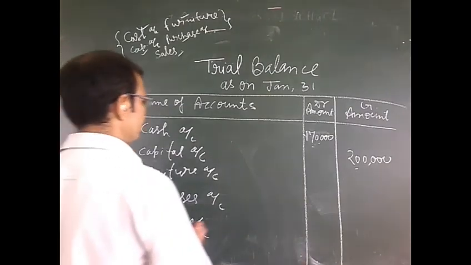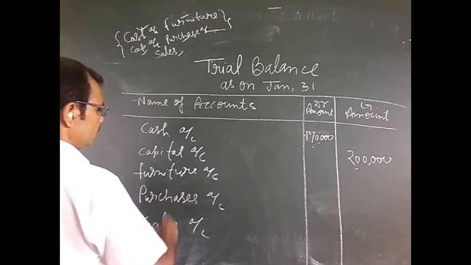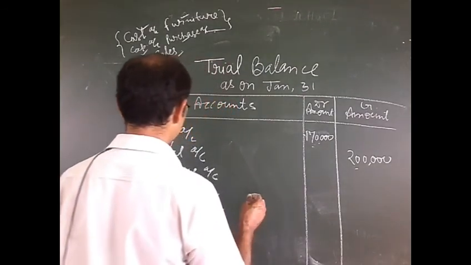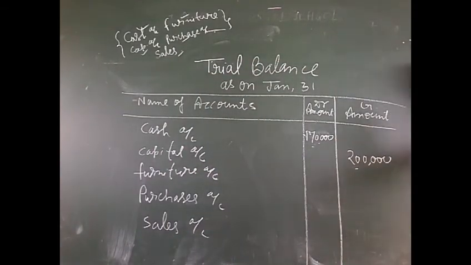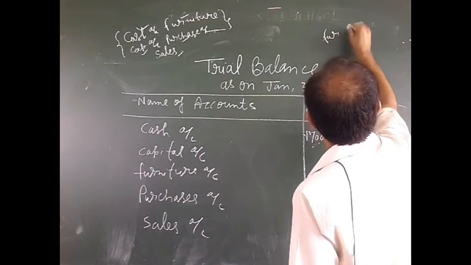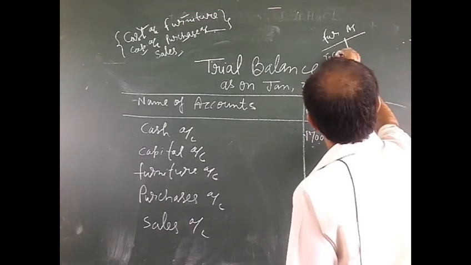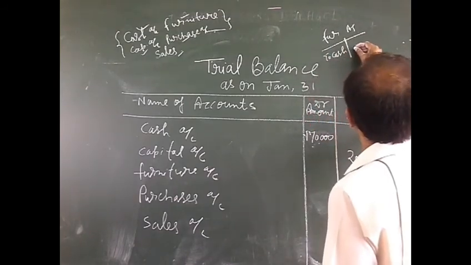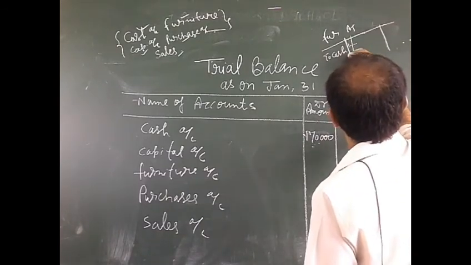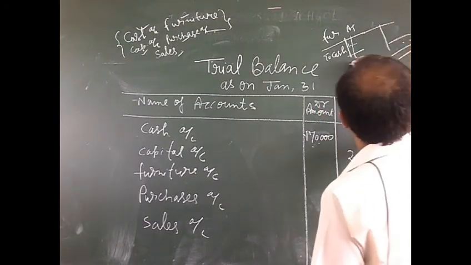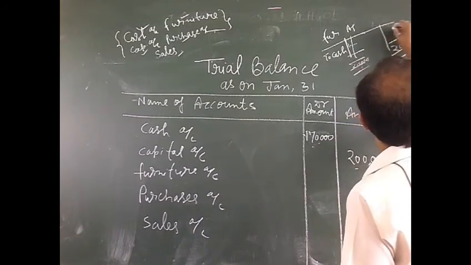So furniture, we take the furniture account where the amount will come. We will see at the time of furniture account, we have written to cash and the amount was 20,000 at that time. 20,000 was written in both sides and here was 0.